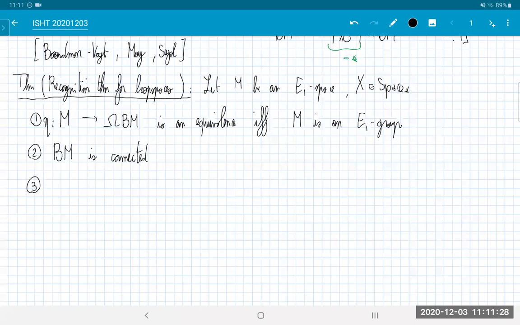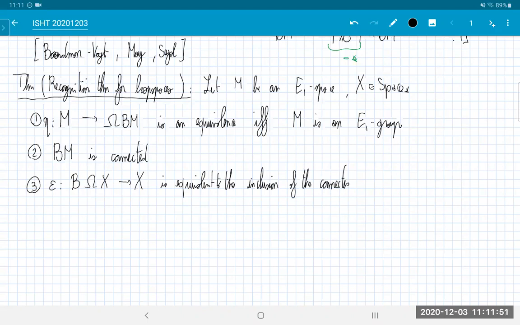And third, epsilon from B omega x into x, and this can be explicitly described, is equivalent to the inclusion of the connected component of the base point.